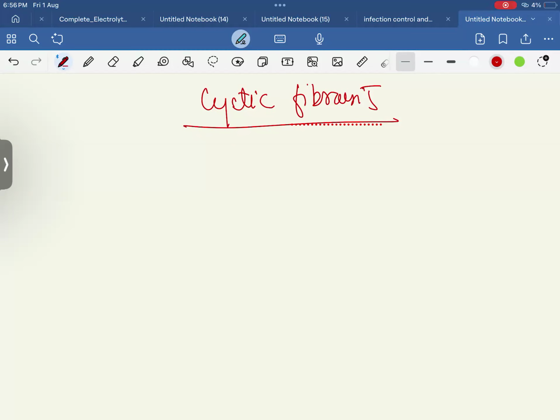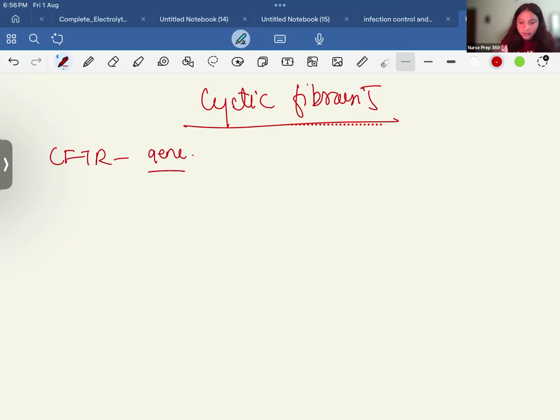Why? Because this is the CFTR gene. This gene is responsible for making a protein which balances your chloride in your body.